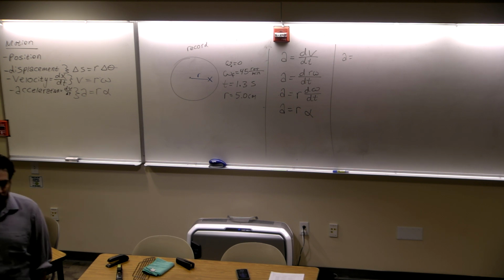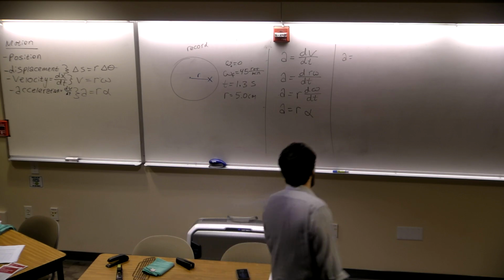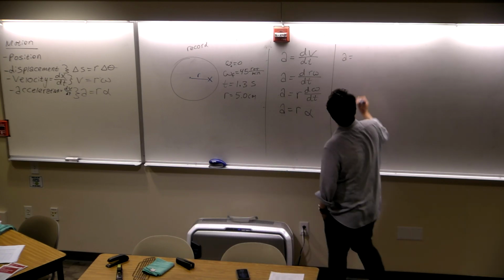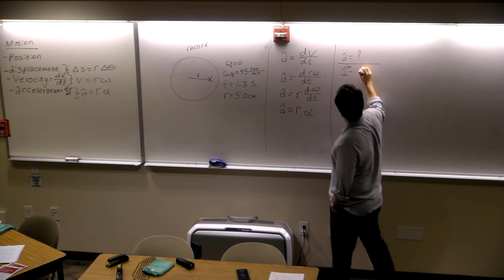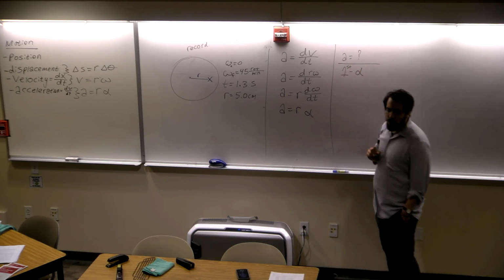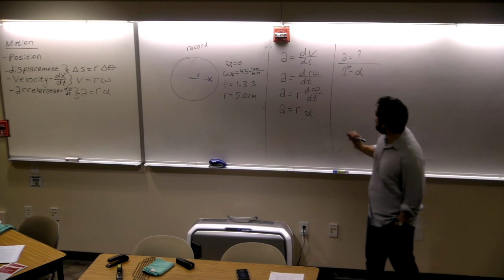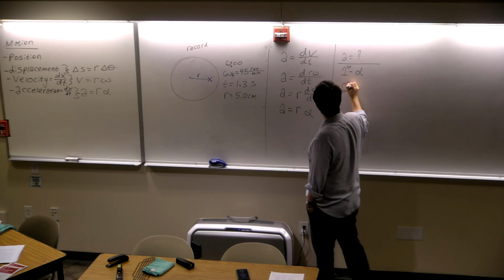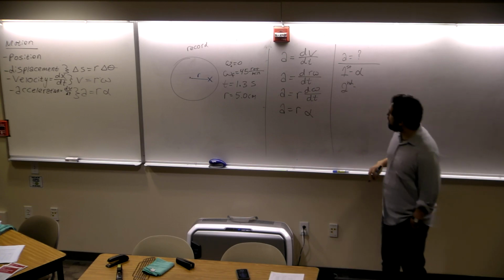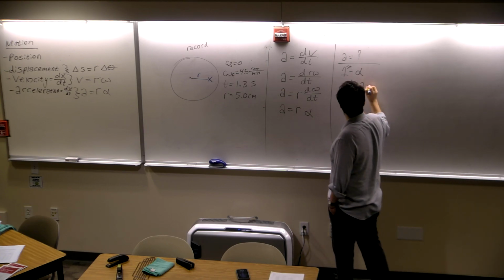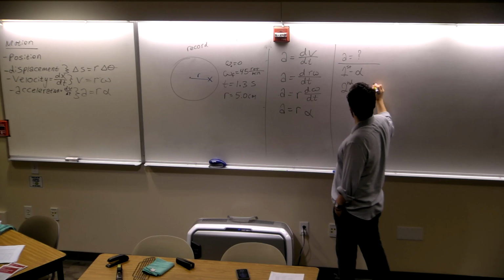So the first step might be to find angular acceleration through those kinematic equations. The second step would be to multiply that angular acceleration by the radial distance r.